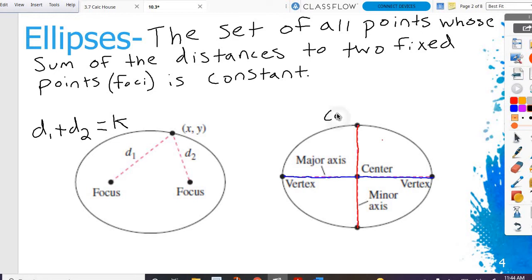And then you also have two co-vertices, which are at the end of your minor axis. So those are going to be the things that we are looking for when we're finding information or graphing or doing different things with our ellipse.